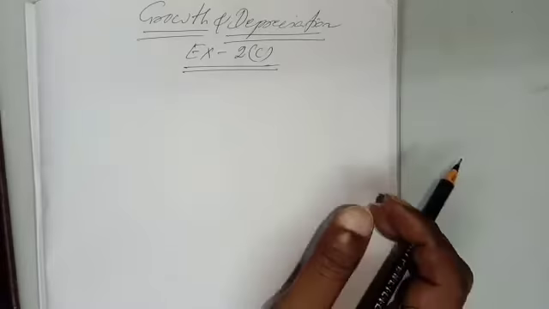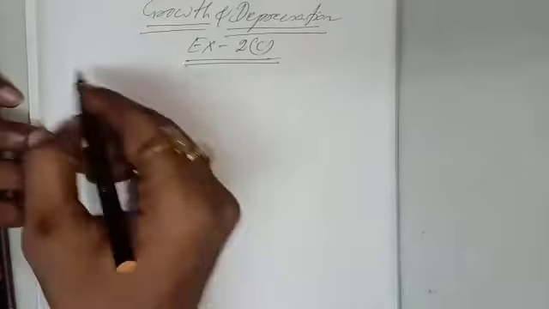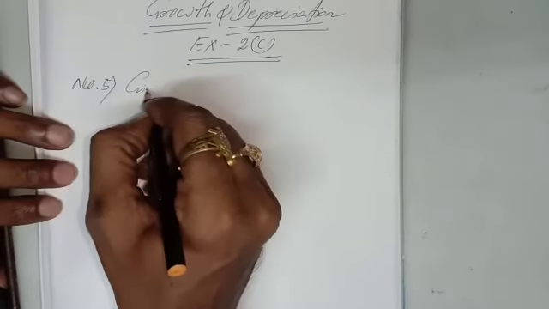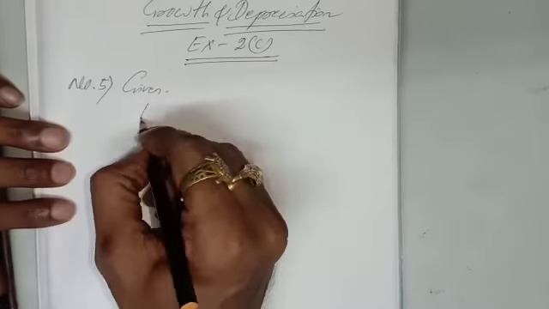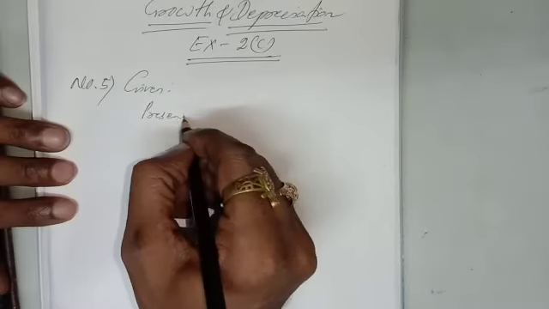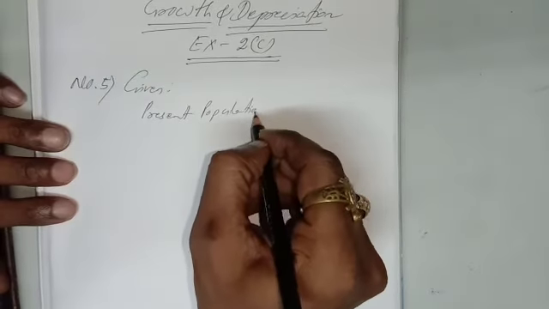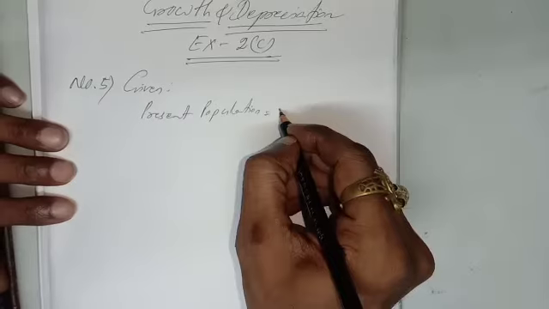Question number 5. What is given here? The present population is given, 150 lakh.